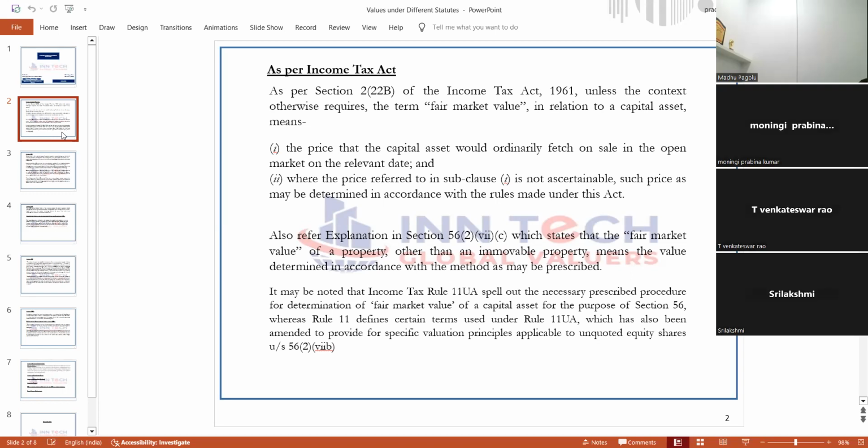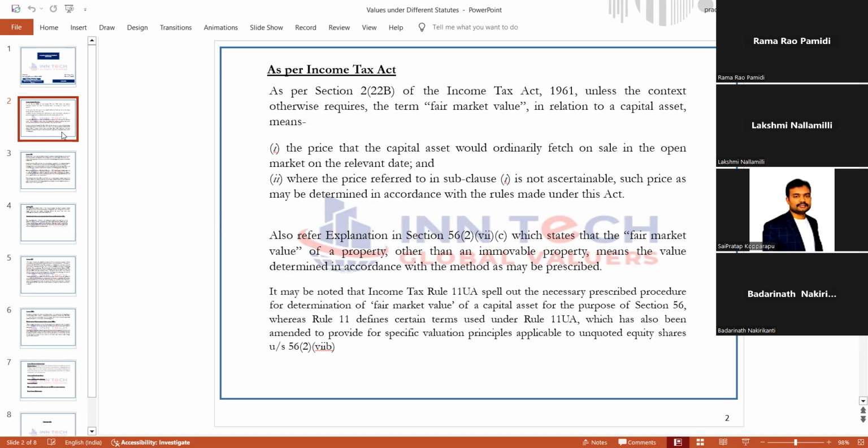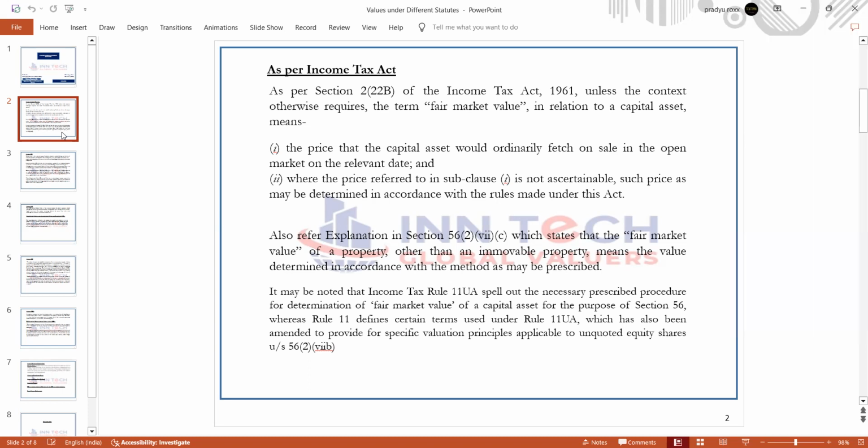Still, they used to term that as fair market value. But now that wealth tax is abolished, the assessment under wealth tax is no more in place.